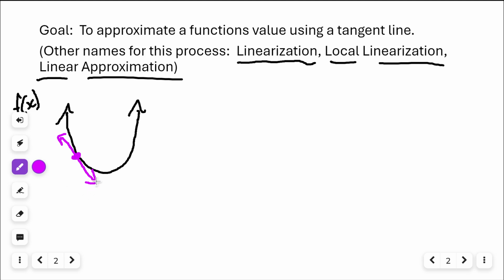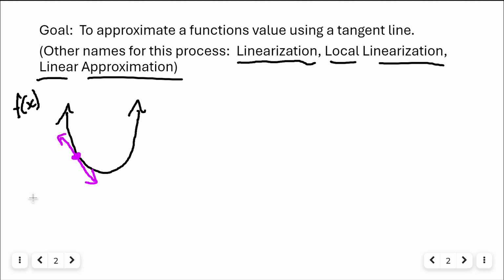Now, if I wanted to, I could use this tangent line to approximate the value of the function f of x. You might be saying, well, it would work, I guess, but it probably wouldn't work very well depending on where you are. And that's true. We're going to talk about that momentarily.